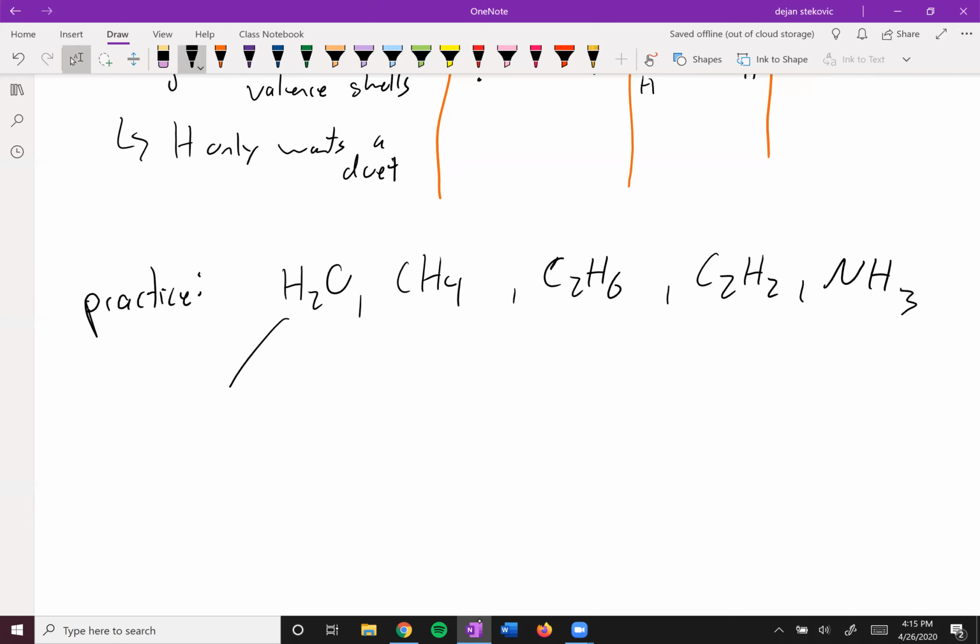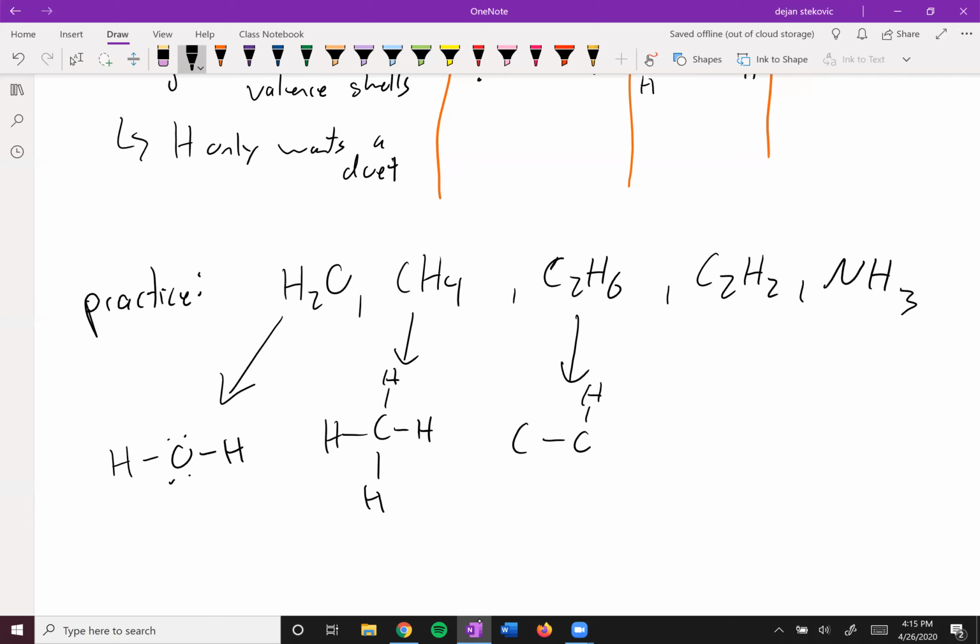Here's kind of the answers. But again, you really want to be able to do this on your own. Triple bond there.